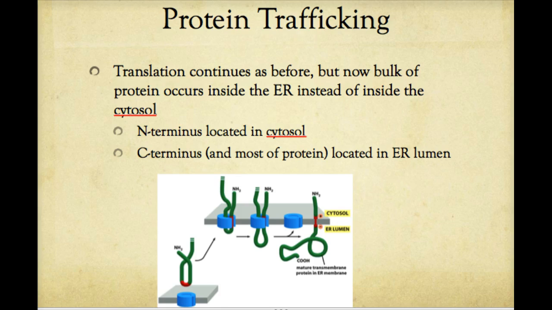As more and more of the green protein gets translated, it'll feed down through the pore. The start transfer sequence is keeping it locked against the wall of the pore. So once translation is complete, most of that protein ends up inside the ER lumen, and a small amount of the protein ends up outside, in the general cytosol.